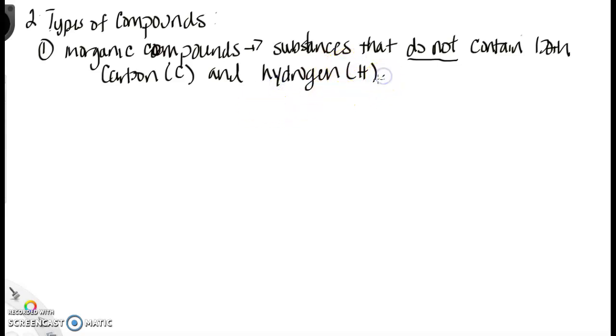And those are the molecules we've been talking about, like ionically bonded molecules, salts, acids, bases, things like that. Those are inorganic compounds. And then there are also organic compounds.